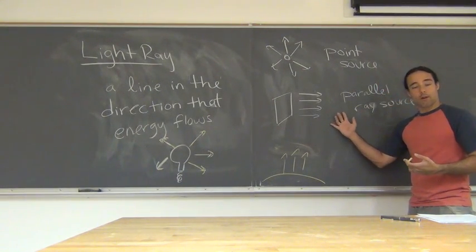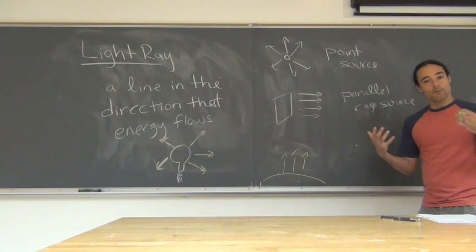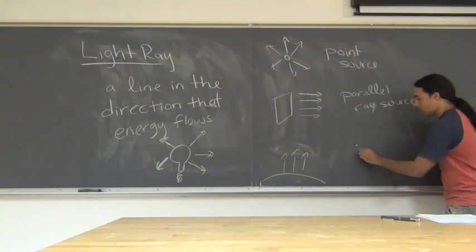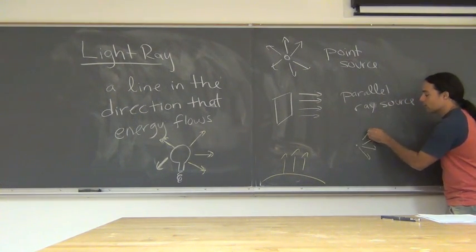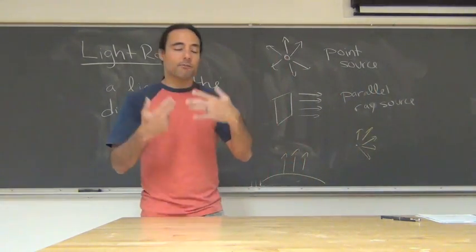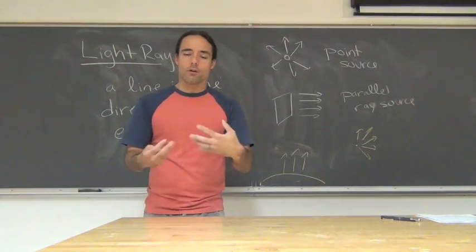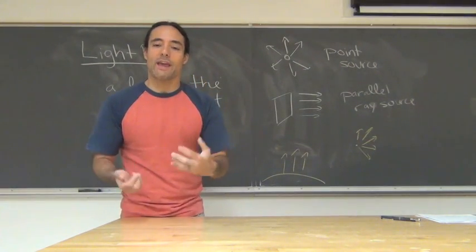So it could look like a parallel ray source. Similarly, if I'm looking at my TV from a very, very far distance, the TV is going to look like a little dot, so it may look like a point source. So these characterizations of point source and parallel ray source are really just approximations for what we have in the real world.